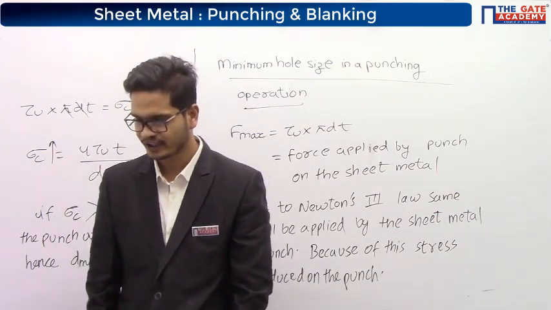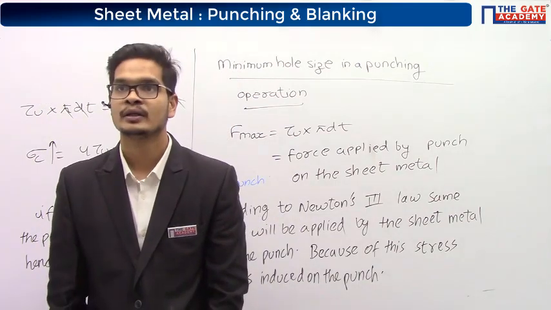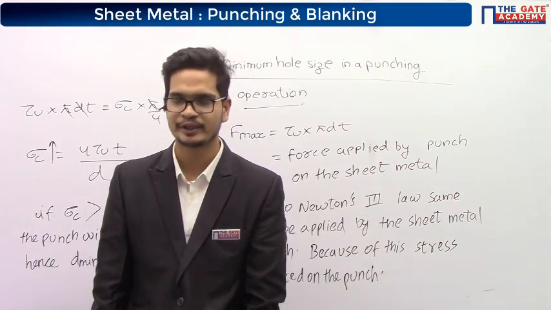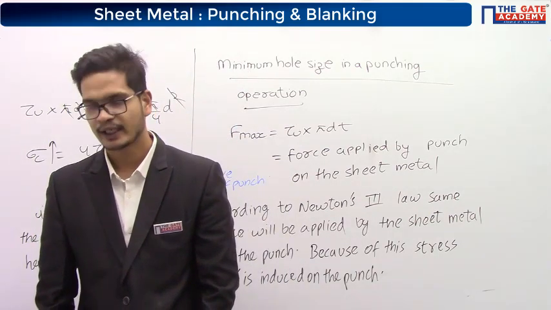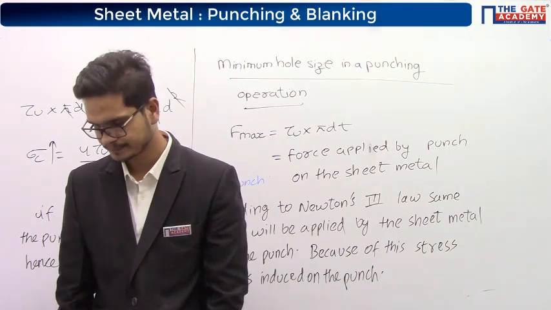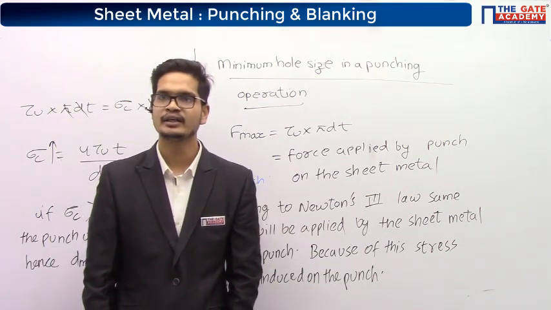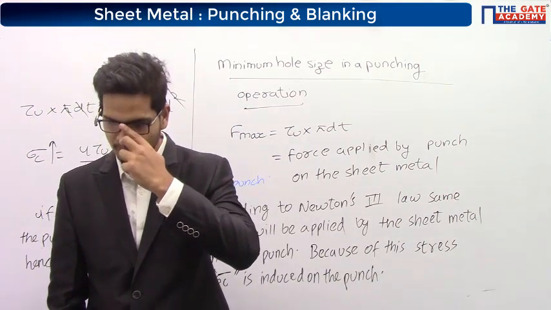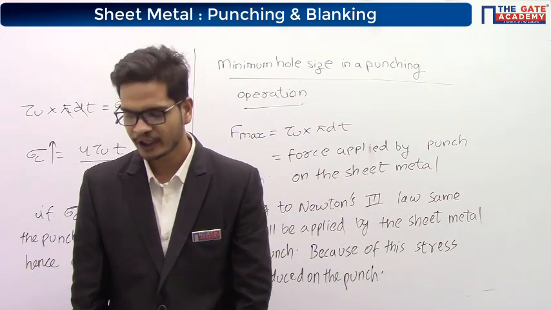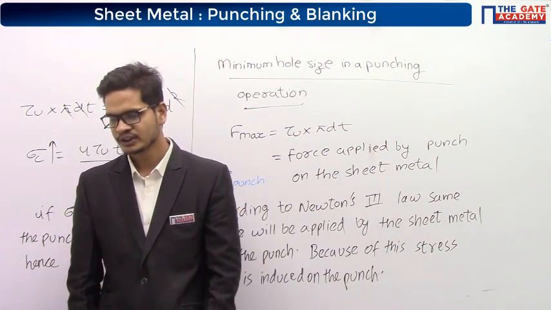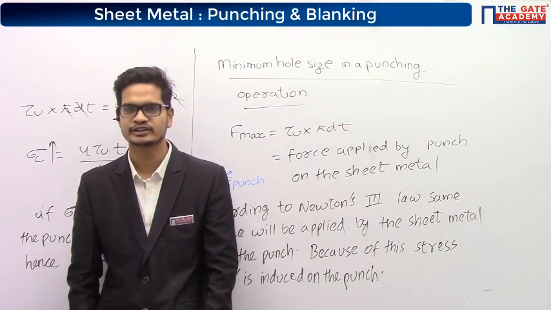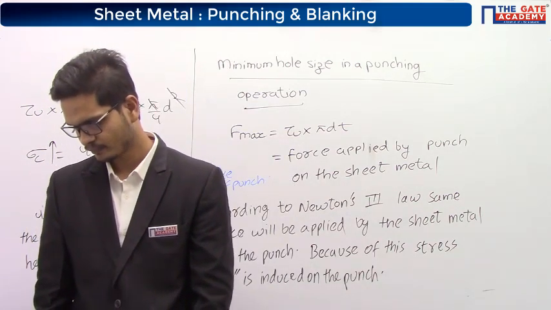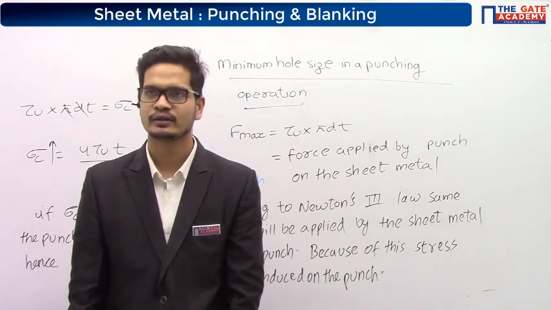Calculate the smallest punch diameter that can be designed for piercing sheet metal strip with the following data.